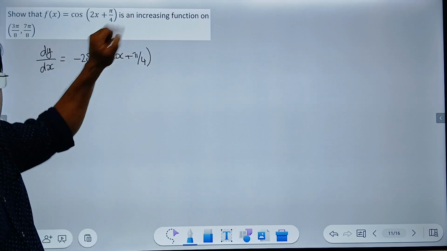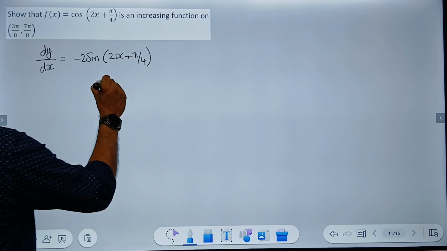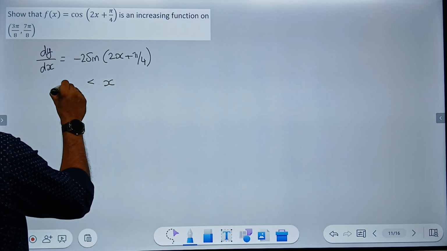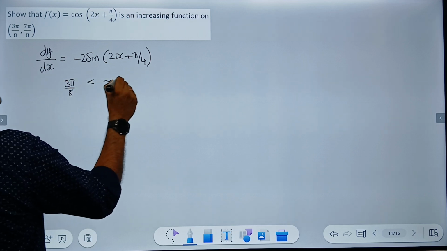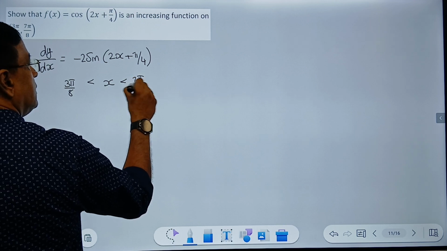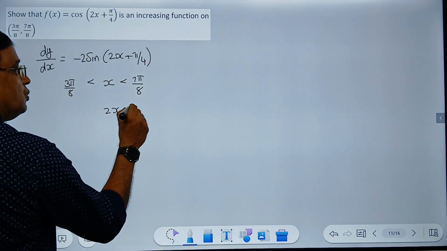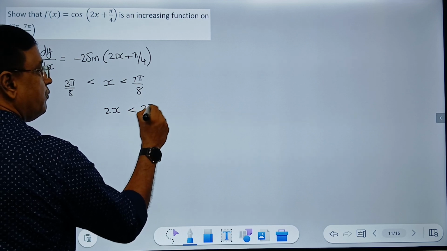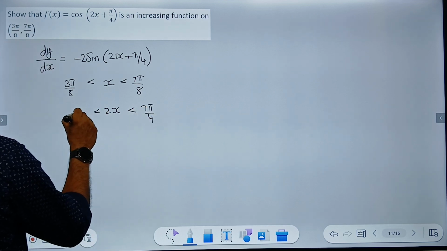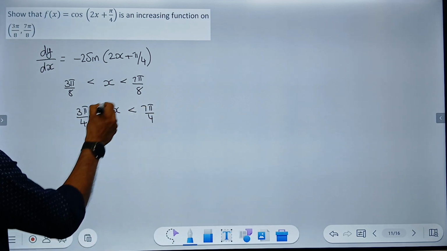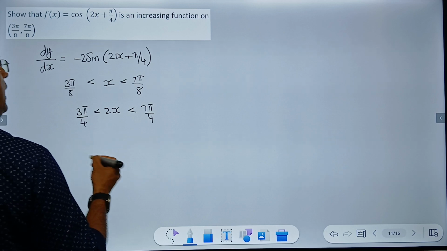I just differentiated this. Now my x lies between what? My x lies between 3 pi by 8 and 7 pi by 8. That's the interval given to me. So where will 2x lie? 2x will lie between 3 pi by 4 and 7 pi by 4. I am multiplying both sides by 2. Now I add pi by 4.